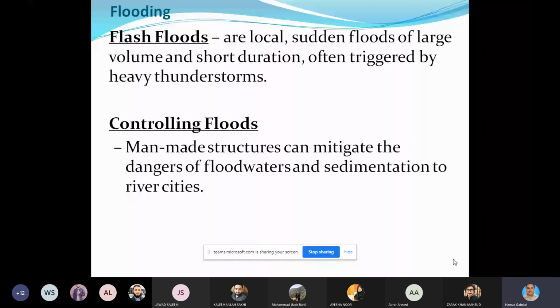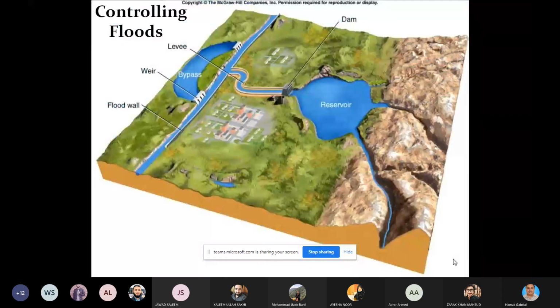So for controlling floods, we take some measures. The structural measures: we can construct some structures which can mitigate the dangers of flood waters and sedimentation to river cities. So there are many ways we can mitigate the flood effects. So you can see the flood control measures.